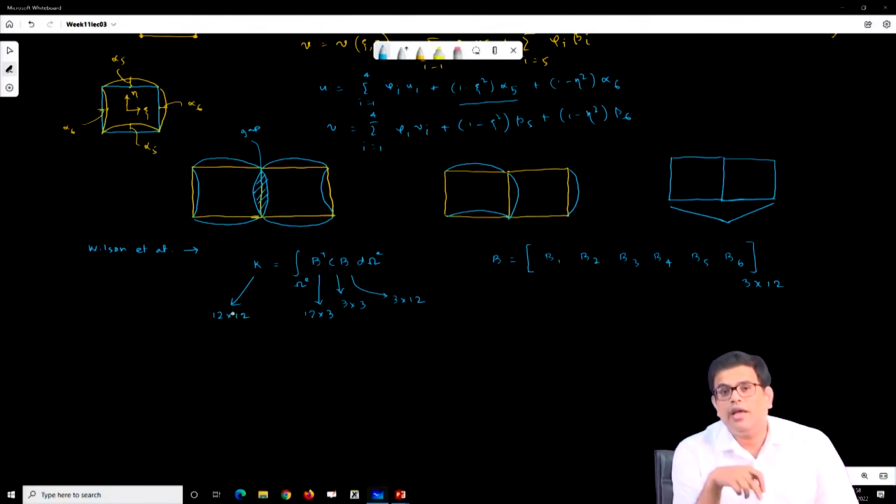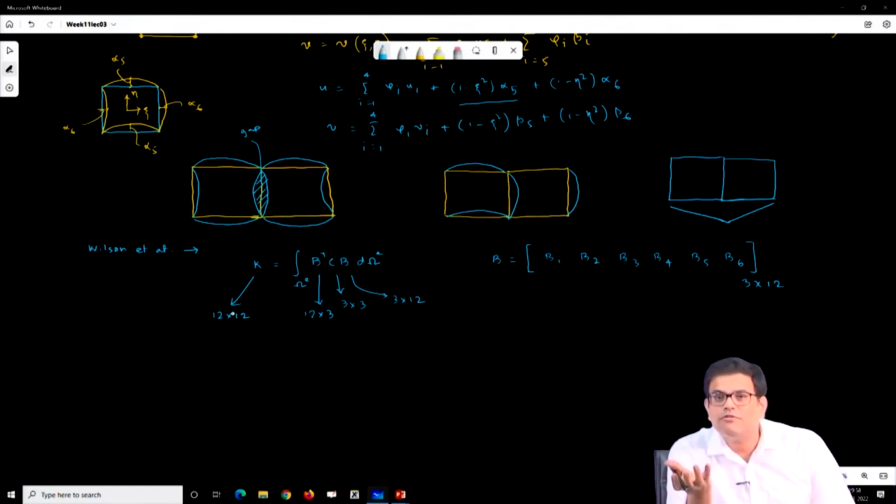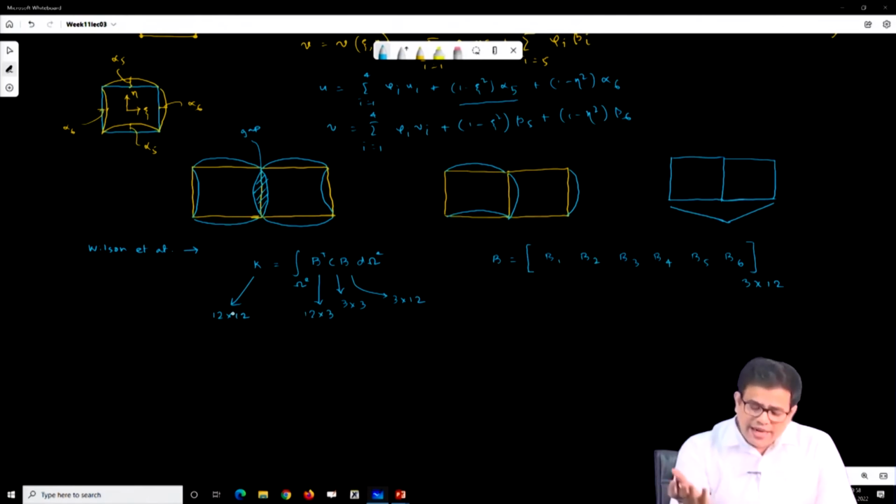Now look, if I have a 12 cross 12 matrix, we don't have associated nodes for that. So the possible way is to condense out these additional degrees of freedom, and that can be done very easily.